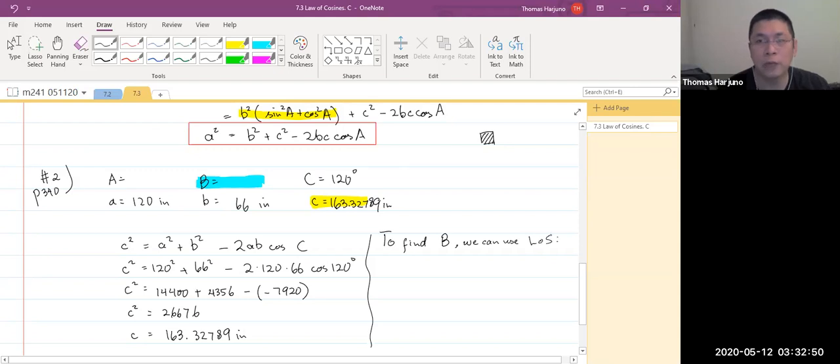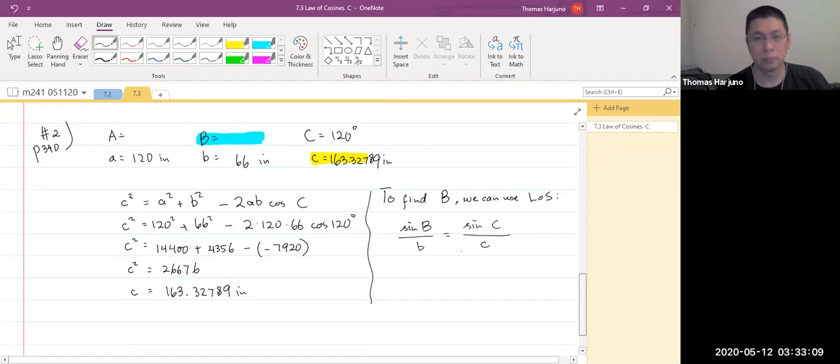Can you try doing that? I believe sine B over b equals sine C over side c. You do it, I do it too.